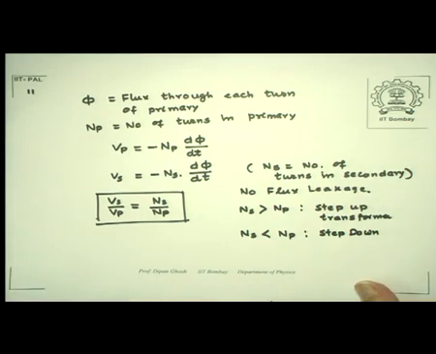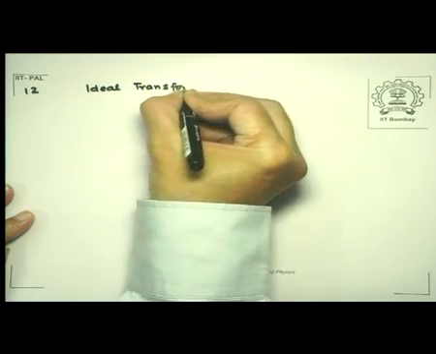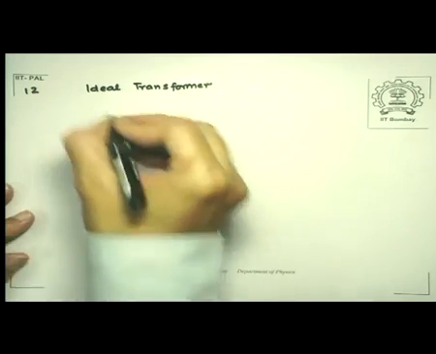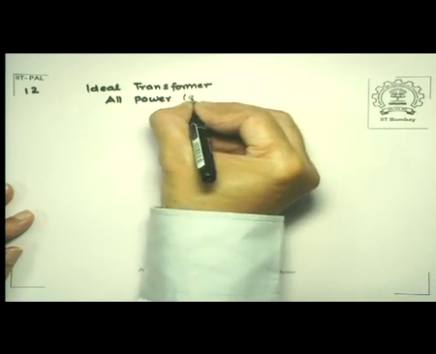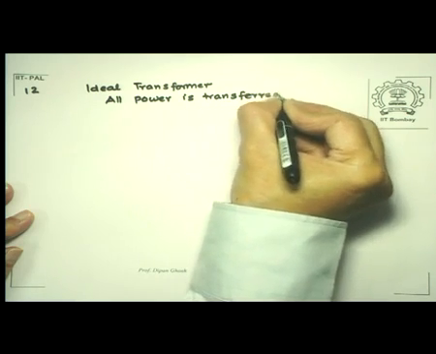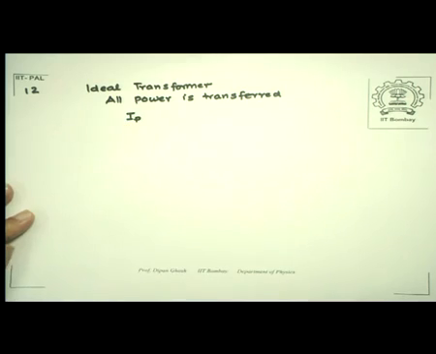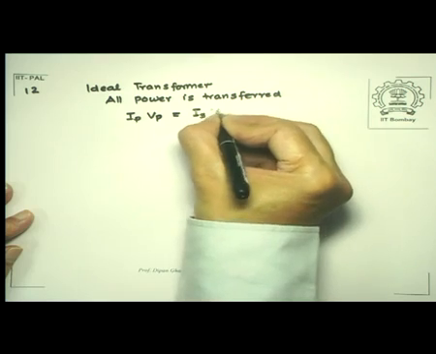Now in an ideal transformer, the entire power is transferred to the secondary. So let me write down an ideal transformer. All power is transferred. That implies that Ip, which is the current in the primary, times the voltage in the primary, must be equal to current in secondary times voltage in secondary.